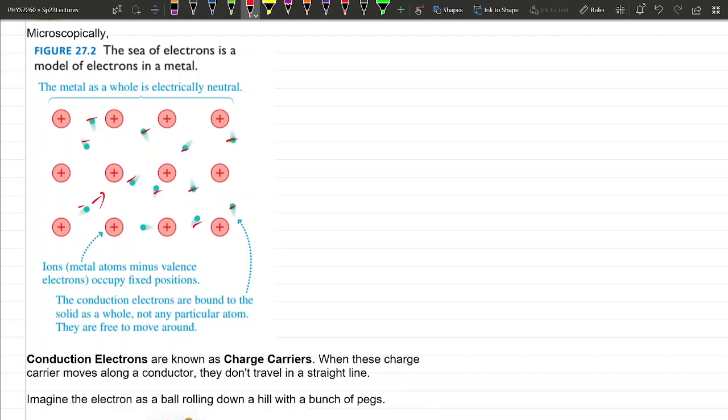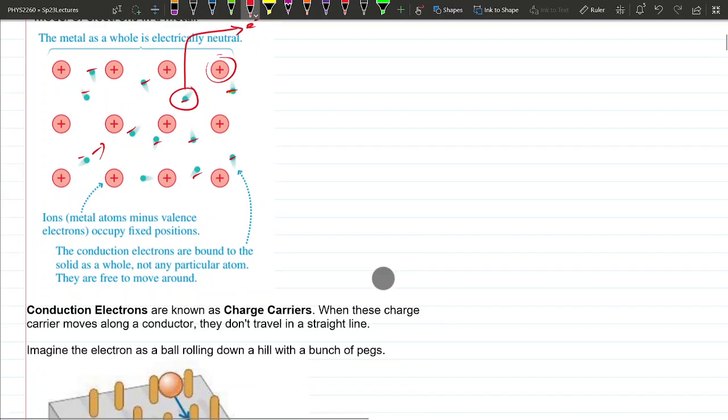The ones that are not bound to a particular positive charge, meaning metal has this property where there are excess electrons just floating around, extra charge around.